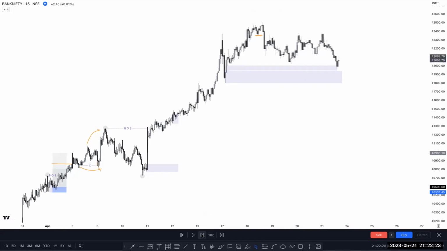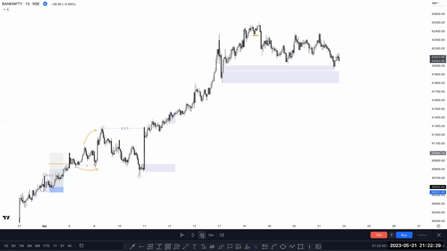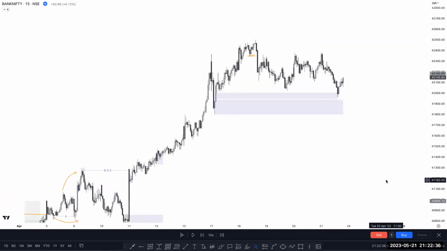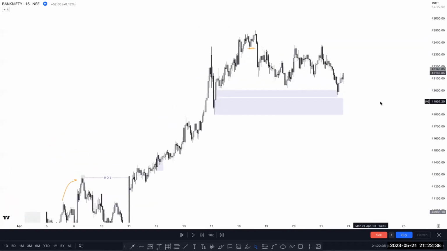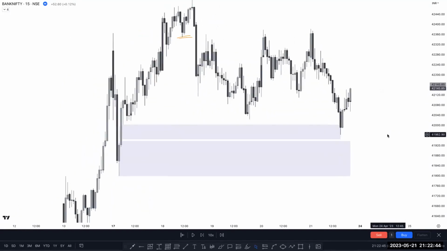Okay, all right. The market starts creating a reaction here. So first of all, you have to identify a single candle order block.